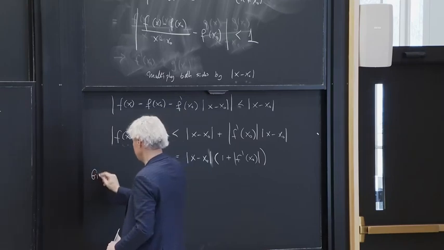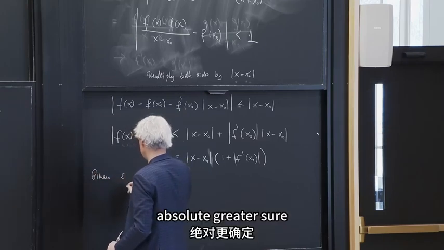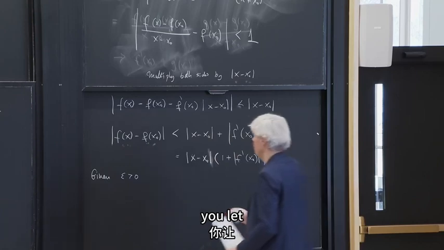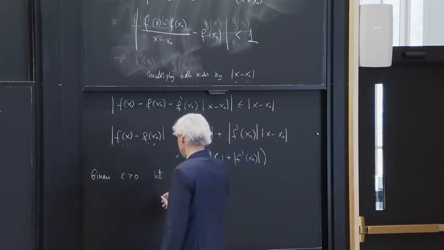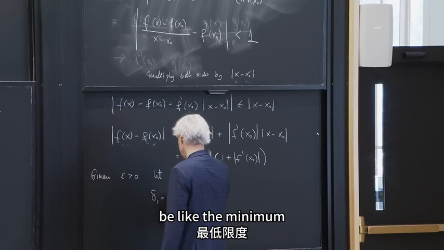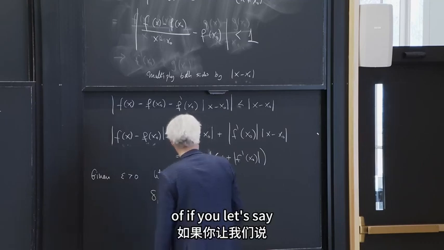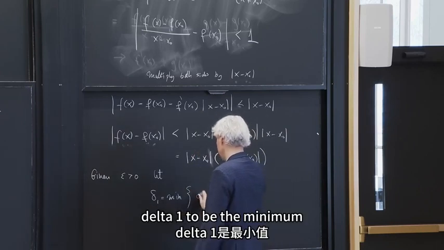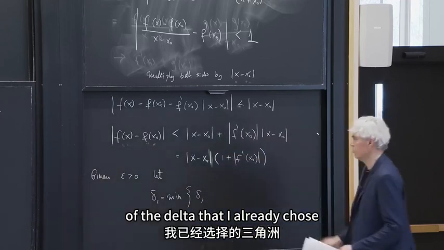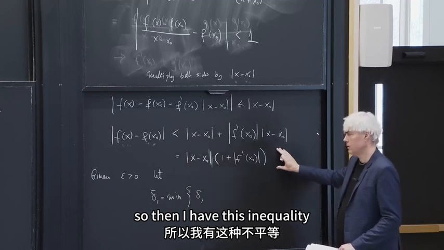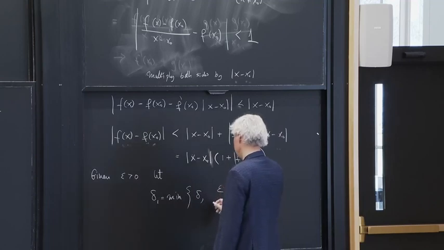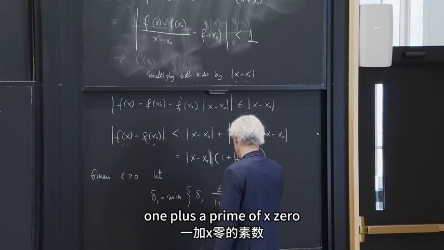So given epsilon greater than 0, you let delta 1 be the minimum of the delta that I already chose, so then I have this inequality, and epsilon over 1 plus f prime of x0.